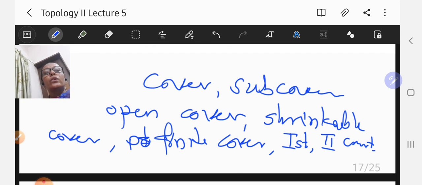For this you must see the definitions of neighborhood and neighborhood base.